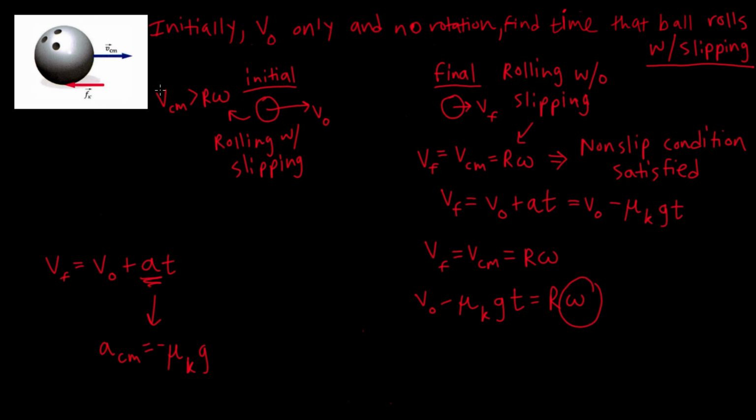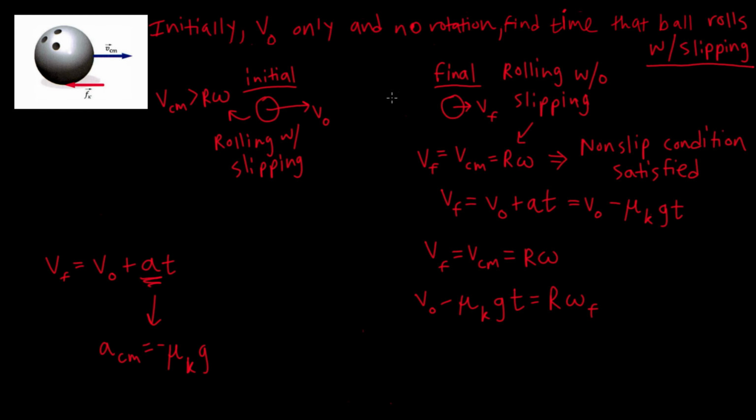Now, what is this angular speed? How do we find that angular speed? And so the angular speed is just an expression for the angular speed as the ball goes from its initial state to its final state. So we just need to come up with an expression for the angular speed of the ball as it goes from its initial state of rolling with slipping to its final state of rolling without slipping.